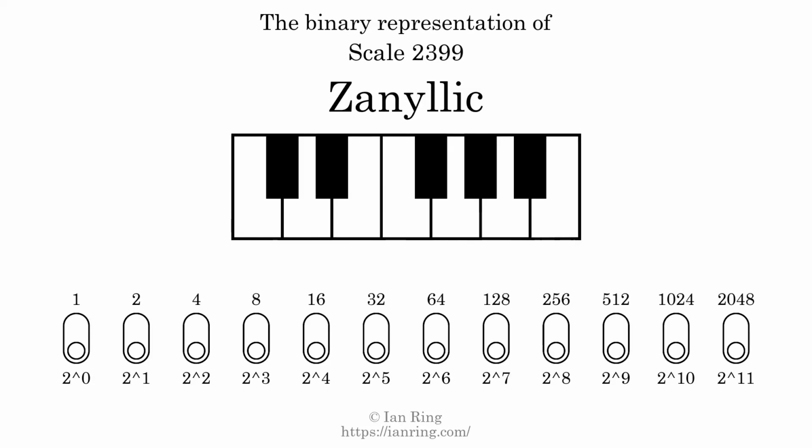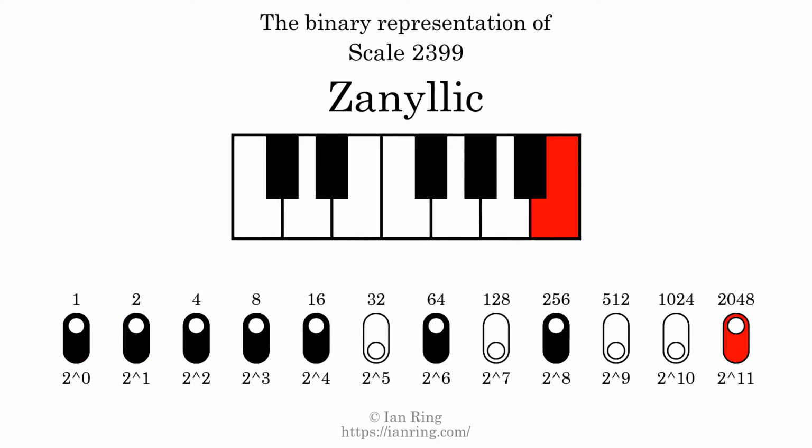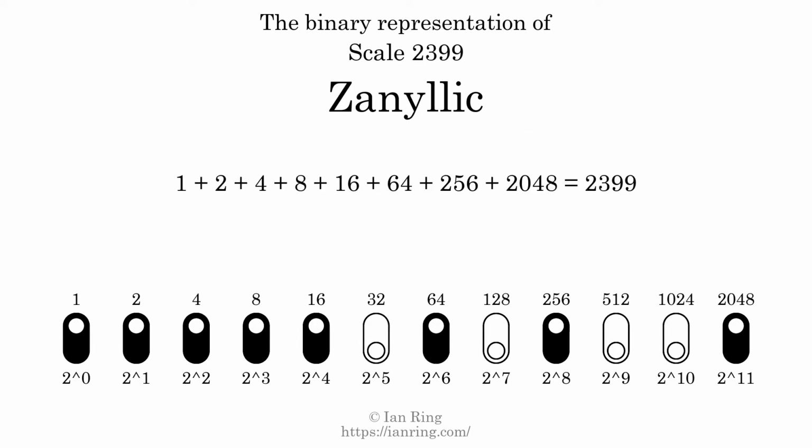The binary representation of this scale is determined by mapping tones of the scale to binary digits. Each binary digit represents a power of 2. To get the scale number, we add the powers of 2 together. The powers of 2 that are present in the scale, all added together, equals 2399.